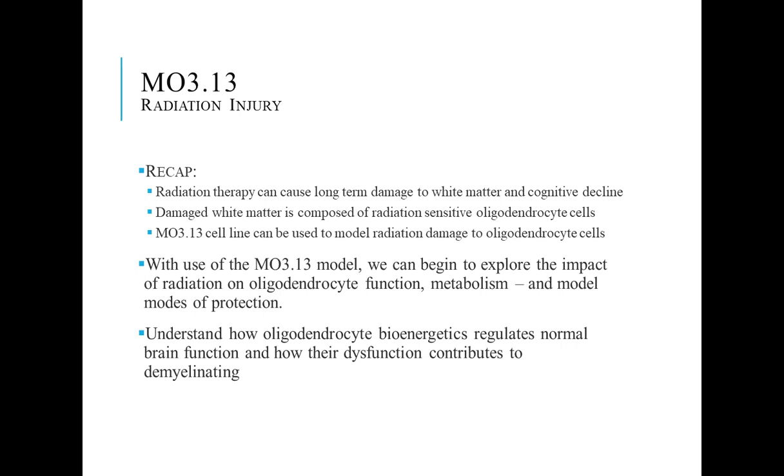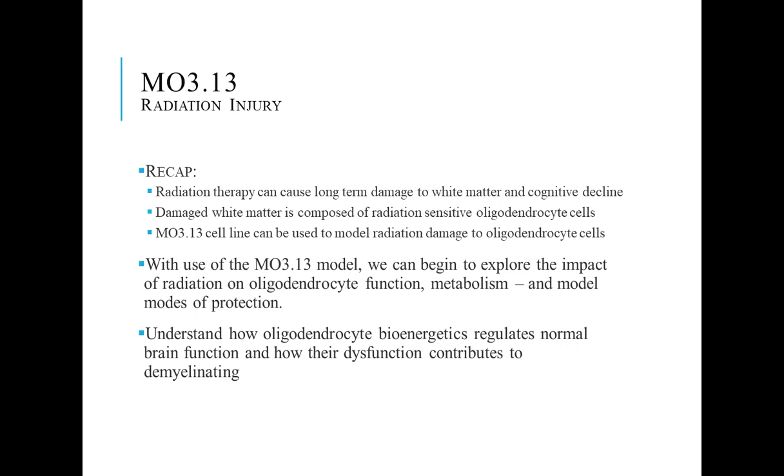So with use of this MO313 model in hand, we can begin to explore the impact of radiation on oligodendrocyte function and its metabolism. Remember, these are metabolically active cells, so understanding their metabolism is very important. And also to model modes of protection. This is a great model to test out therapeutics.